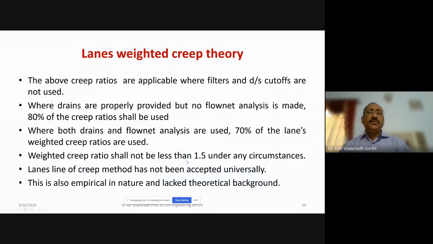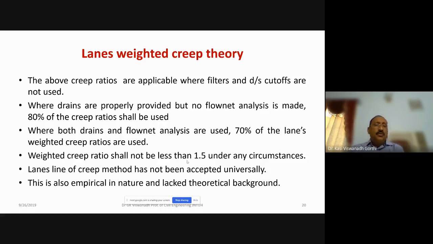The above creep ratios are applicable where filters and downstream cutoffs are not used. Where drains are properly provided but no flow net analysis is made, 80% of the creep ratios shall be used. Where both the drains and flow net analysis are used, 70% of the weighted creep ratios are to be used.